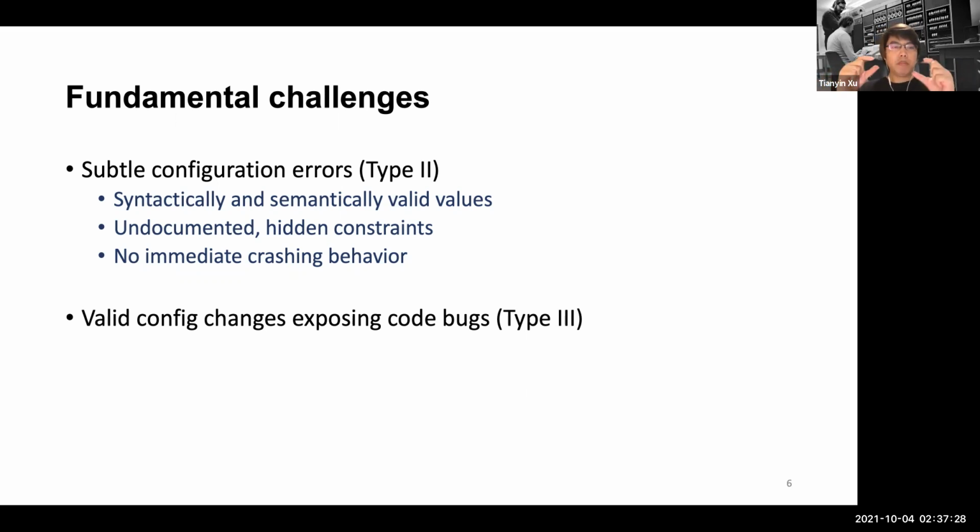Many of them are bad configs just because the code doesn't like them, right? There are some constraints in the code which will break under those configs. Also, many of them don't cause immediate crashing behavior. And as I mentioned, resource leaks, performance issues, and bad load balancing issues are very tricky to even observe.